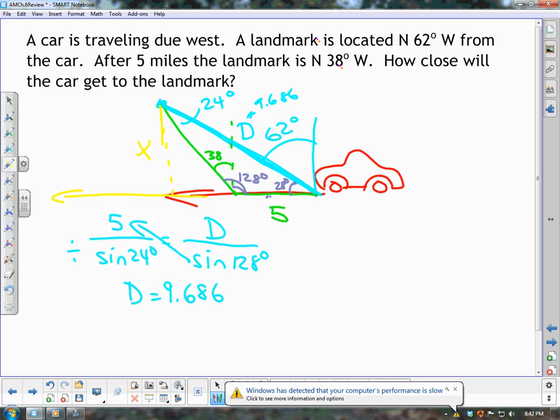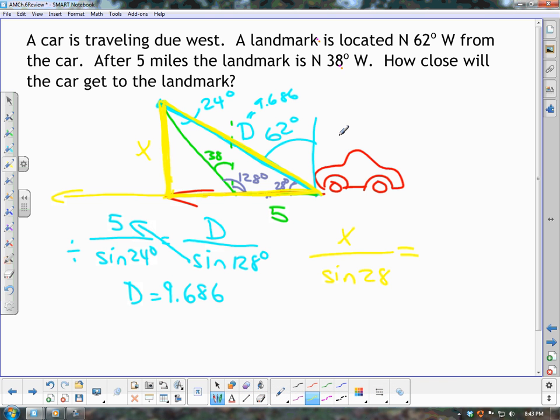So then in this triangle, we still have sine of 28. And this time we're going to put x on the top of it. And let's see, we know this is 9.686, and that's the hypotenuse. And this angle right here is a right angle, so you can do sine of 90.